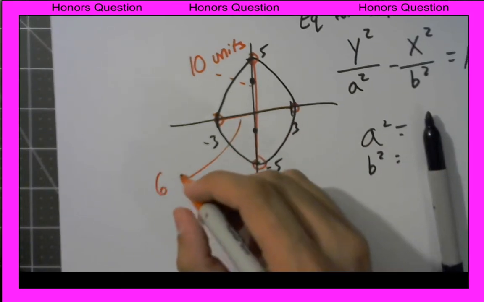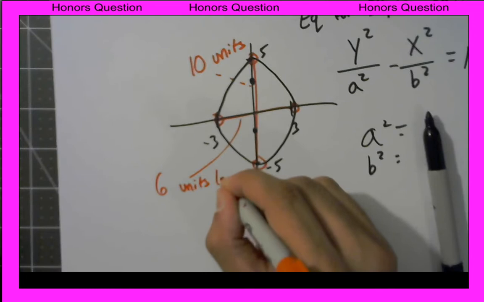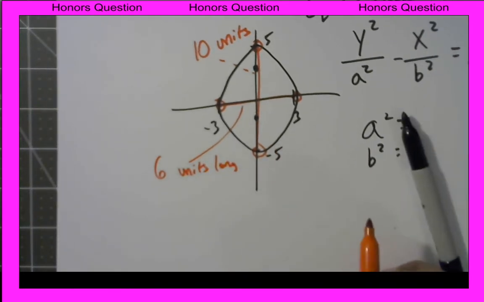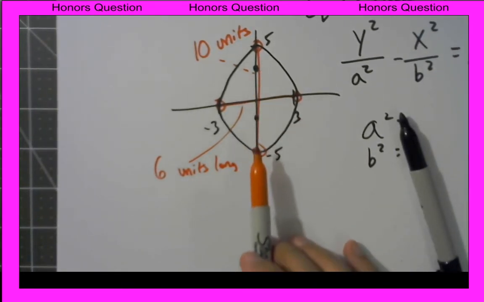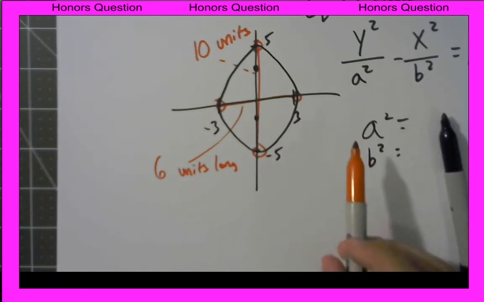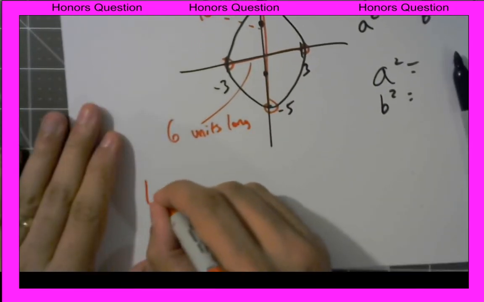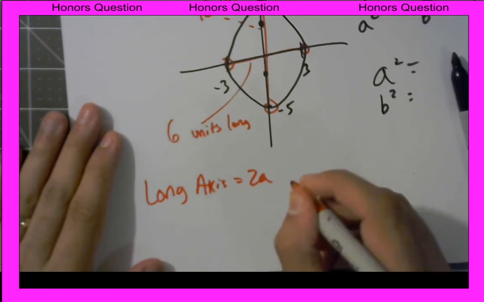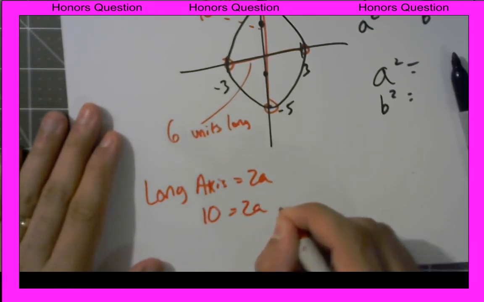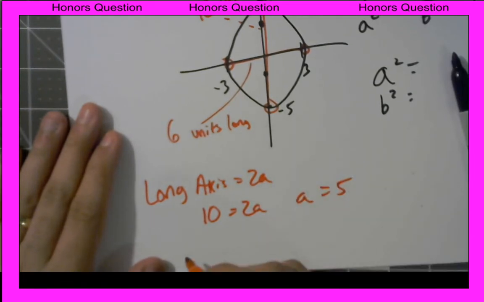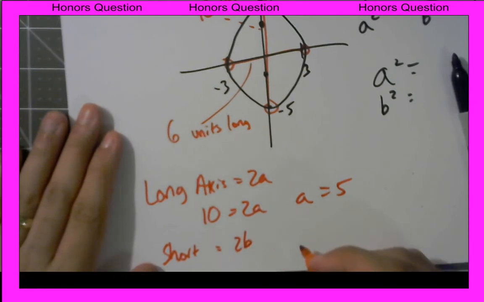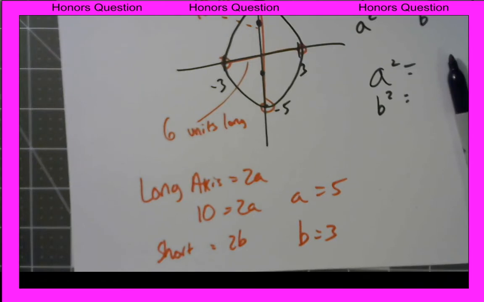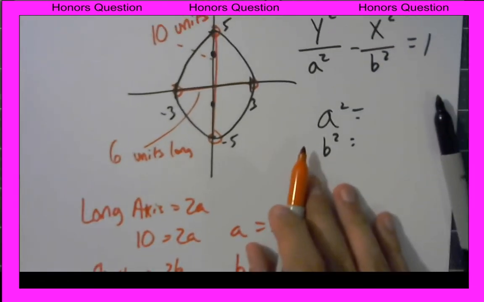Similarly, this one is 6 units long. So my longer axis is 2a, also known as 10 equals 2a. So a equals 5, and then my short axis is 2b, so b equals 3.